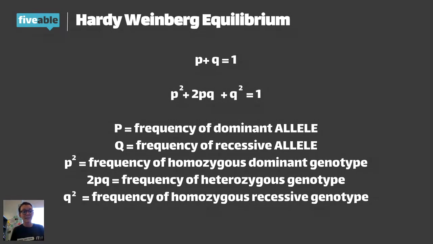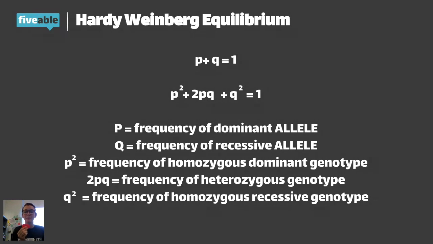Lastly, Q squared, two recessive alleles, is going to be equal to the frequency of the homozygous recessive genotype, or how many organisms we have that are homozygous recessive. The really great thing about Q squared, and the reason it's going to become your favorite of all the variables, is because if something is homozygous recessive, it's the only time that thing will look recessive.